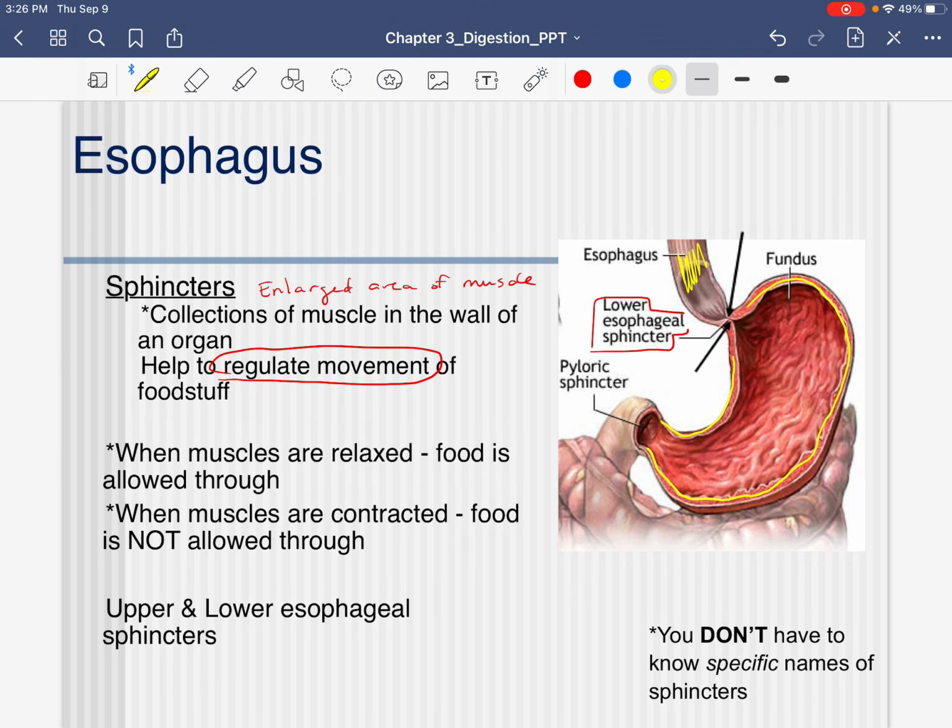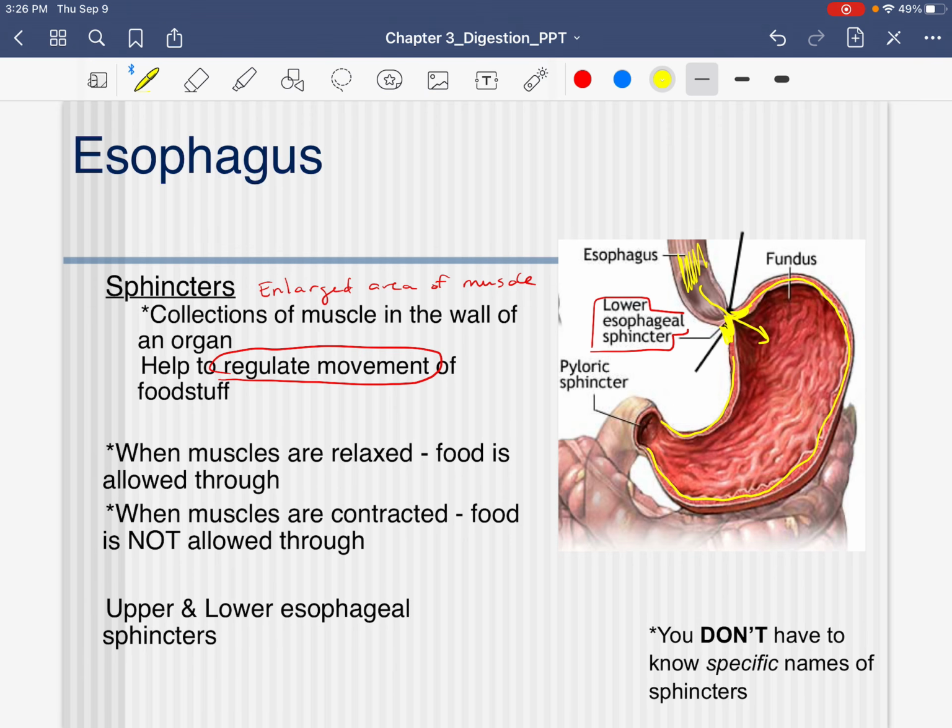But when you swallow, now we want the food to be able to move from the esophagus into the stomach. So when we swallow, these muscles will relax a bit and allow the food to go through. But once the food has gone through, these sphincters will tighten again, because we don't want the stomach juice to come back up into the esophagus.